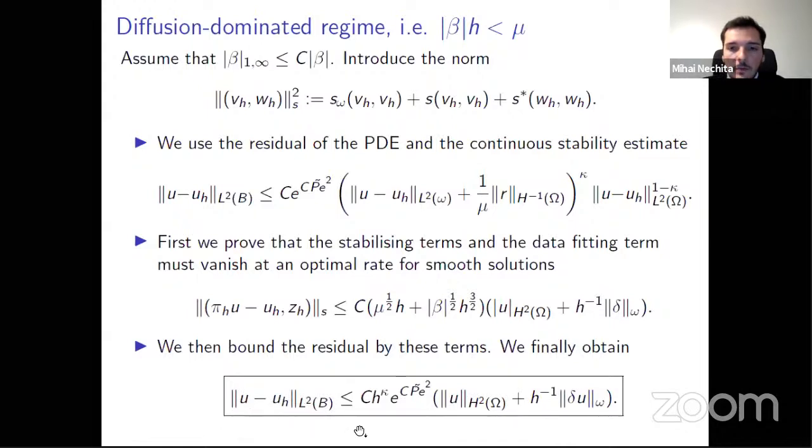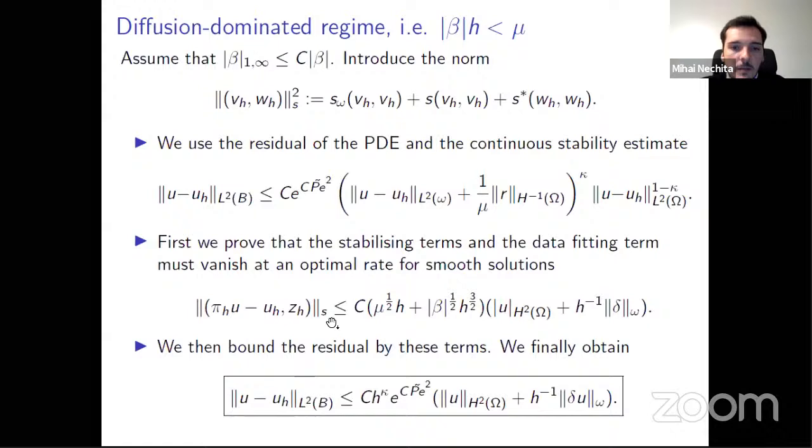So again, we recover the same convergence order, kappa here, as the Hölder exponent from the continuous level. And in this case, the exponential dependence on the Peclet number just translates from the continuous to the discrete level.